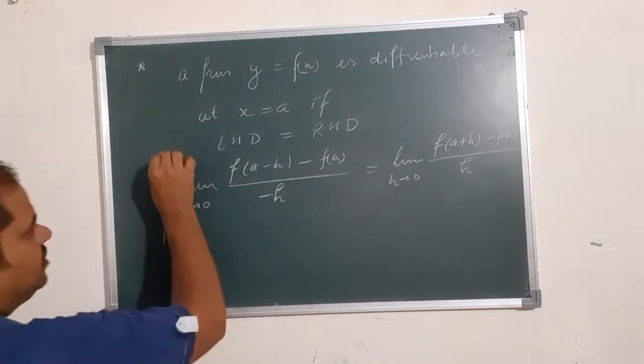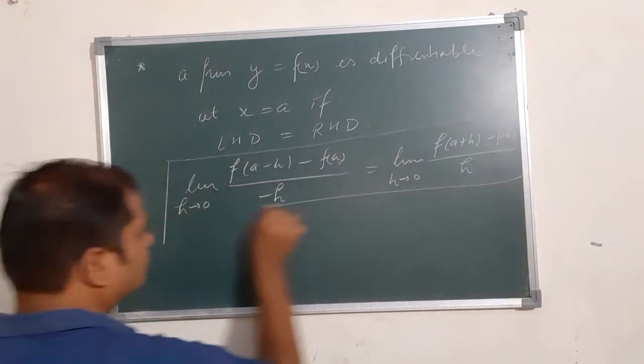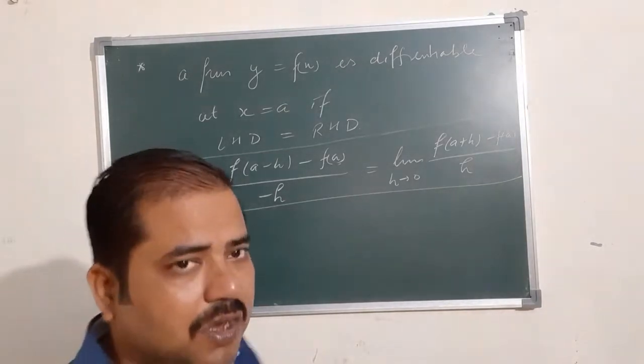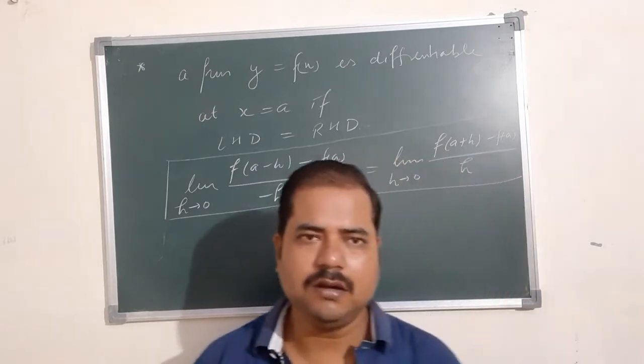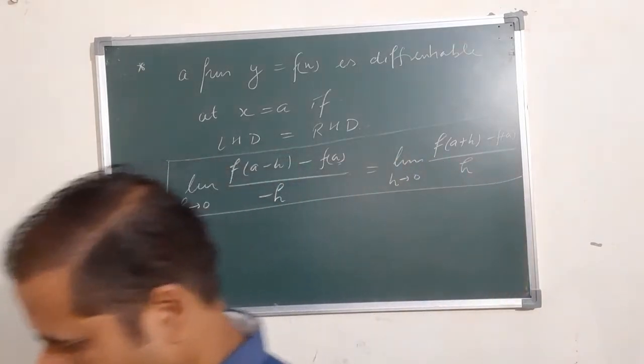If LHD and RHD exist and they are equal, then only we can say the function is differentiable at that particular point.